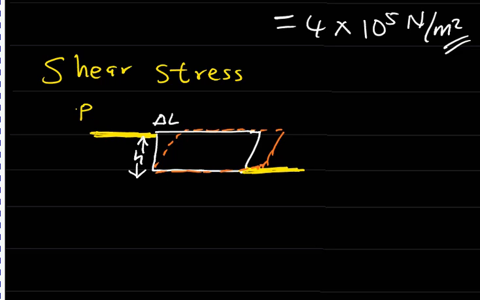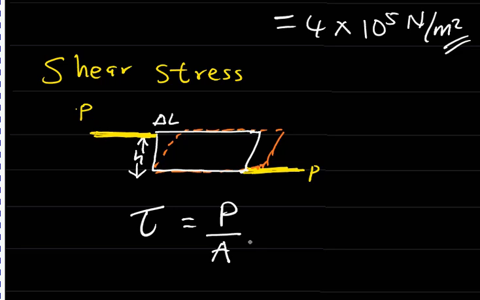So this is where we now define our shear stress. Shear stress, by the symbol tau, is equal to the pulling force, or the shear force, divided by the area of the material.